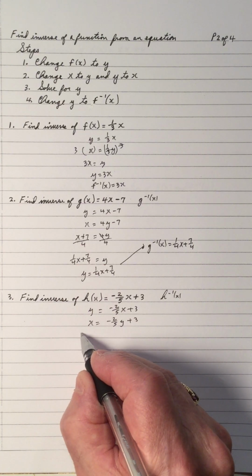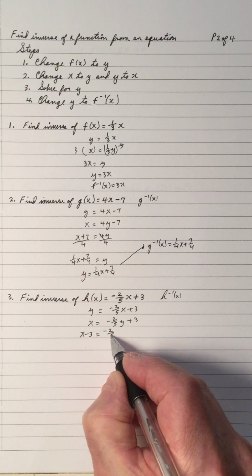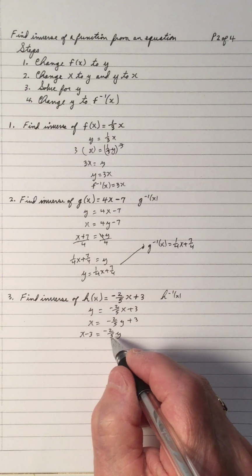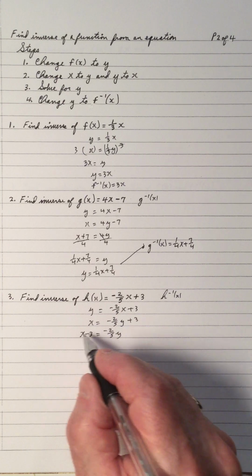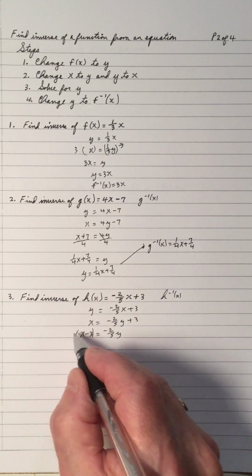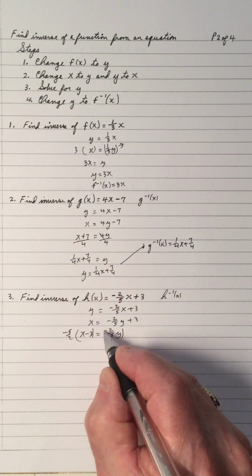And now we solve. x minus 3 equals negative 2/5 y. So we can multiply by 2 and divide by 5, or we can multiply by the reciprocal, which is negative 5/2.